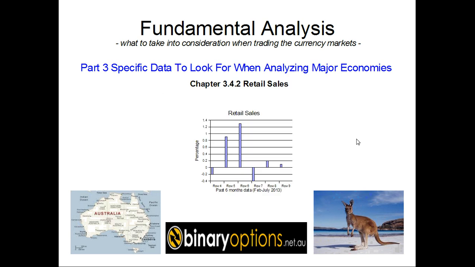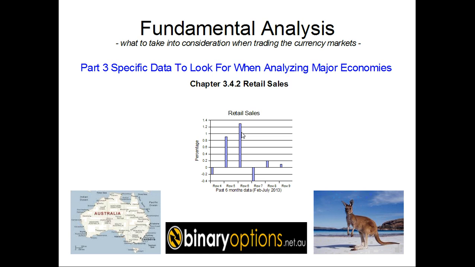If you look at the past 6 months worth of data that we are analyzing under this project, you are seeing on the horizontal February till July 2013, and on the vertical the percentage change. Basically you have minus 0.2 for February, plus 0.9 for March, over 1% for April, and then the retail sales percentage just moved to the downside.